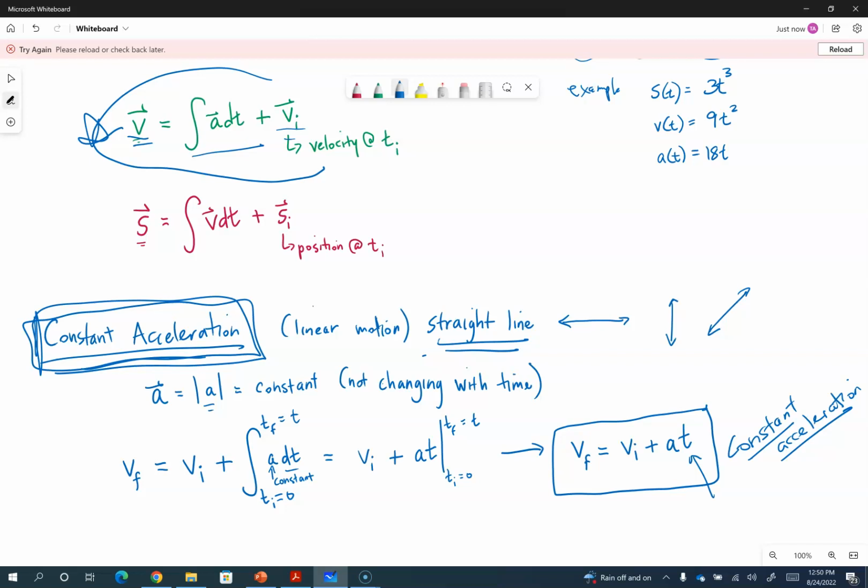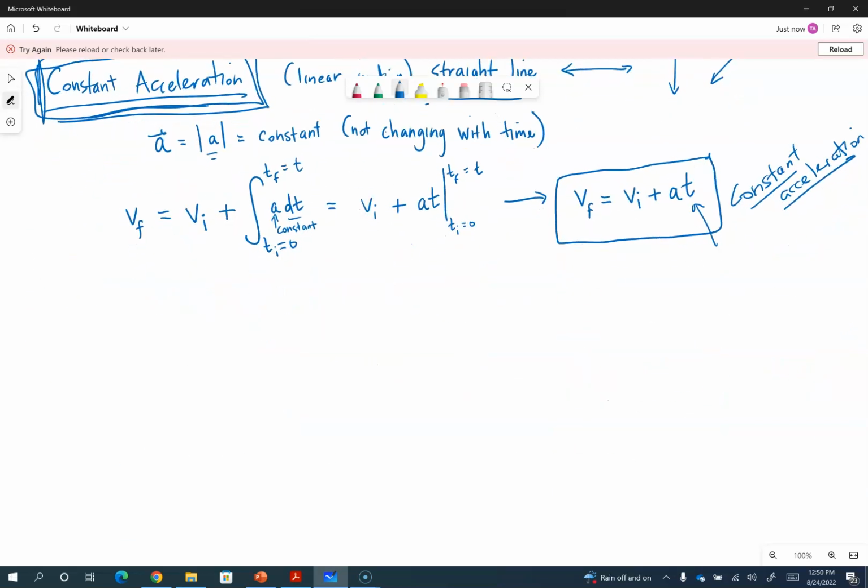Now, similarly, if we have an equation, which we do now, of velocity as a function of time, we can integrate to find the position. So as we wrote before, if we integrate velocity as a function of time and then add that constant of integration, we find a final position. Again, dt means we're integrating with t as our variable.